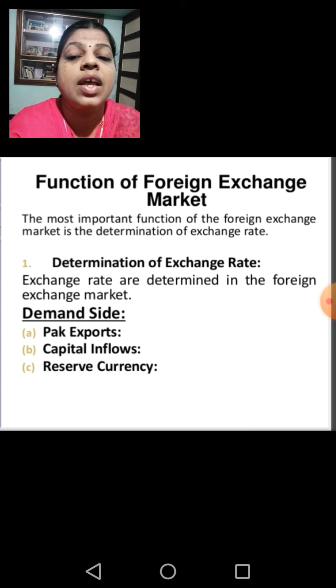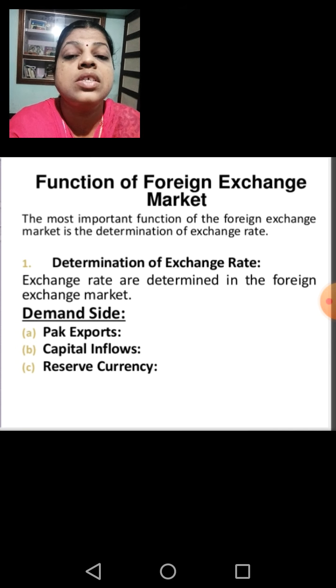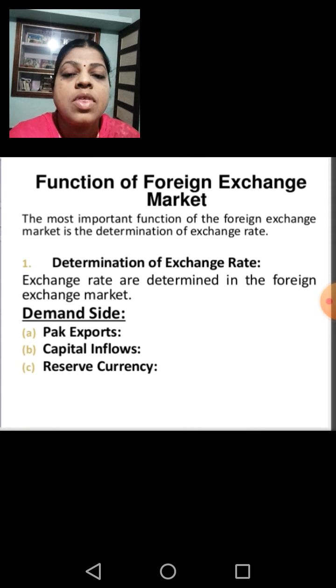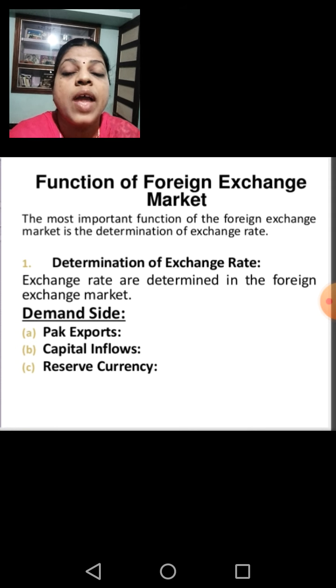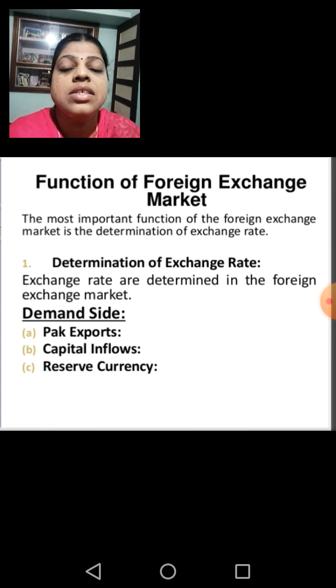Which are they? Demand and supply. Actually, it is demand and supply that determine the exchange rate of the different currencies. So here the exchange rates are determined in the foreign exchange market according to the demand side. We'll see.